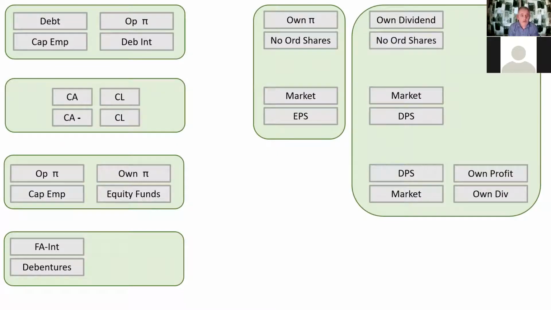There are 1, 2, 3, 4, 5, 6, 7, 8, 9, 10, 11, 12, 13. There are 13 formulas there. Those 13 formulas should see you well looked after for Part B. There are 2 gearing formulas, 2 liquidity, 2 profitability, 1 solvency, 2 share formulas, and 4 dividend formulas.